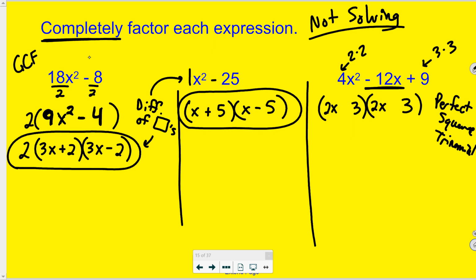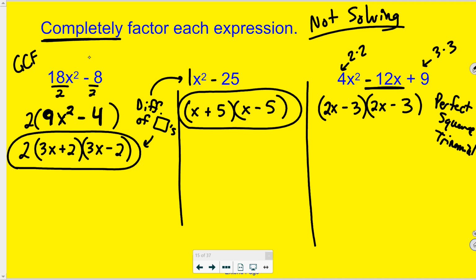What you would want to look at there is, if I multiply these outside 2 and these inside 2, could I get to negative 12? The outer 2 multiplied is 6x, the inner 2 multiplied is 6x. I need it to be negative 12. If I could somehow make these both negative 6s by just putting minuses in here, all of a sudden we're in business and we've got the correct factorization for this one.